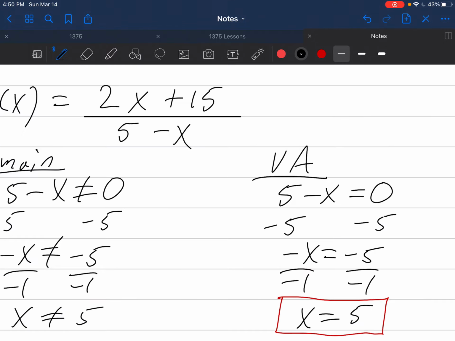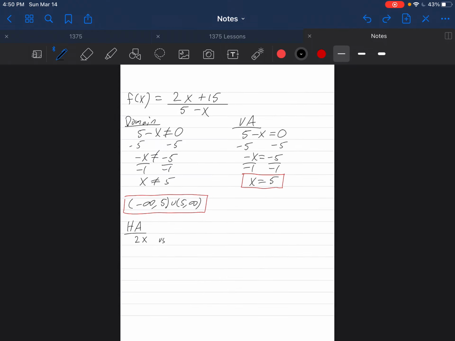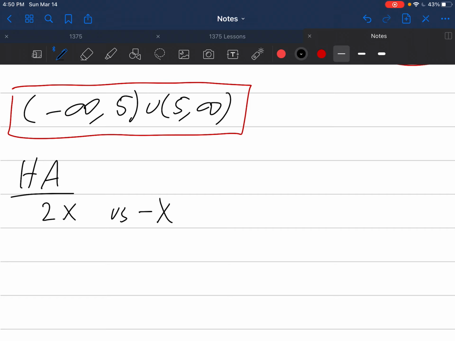And the denominator, even though it's not the first one there, remember, this is 5 minus x in the denominator, but written in standard form, that is going to be -x plus 5. So we have a leading term of -x. This is 2x to the first power and -x to the first power. 1 versus 1 means that these two degrees are equal.